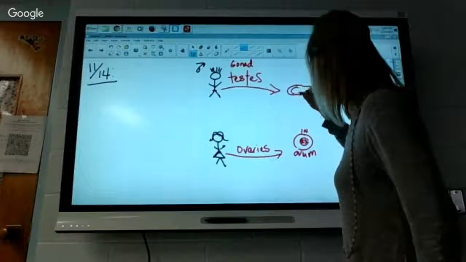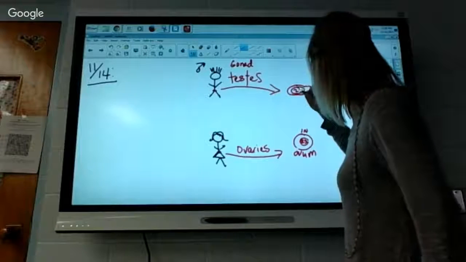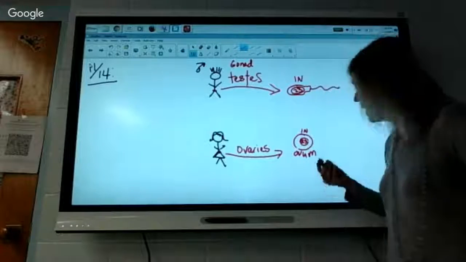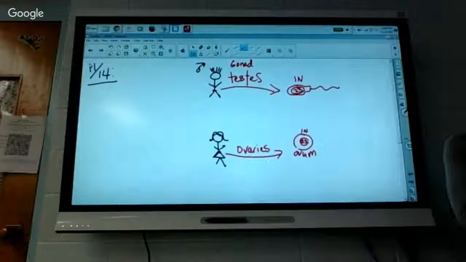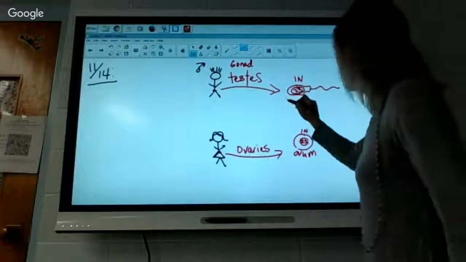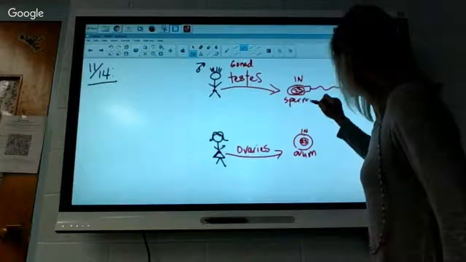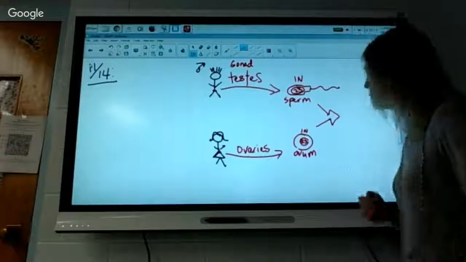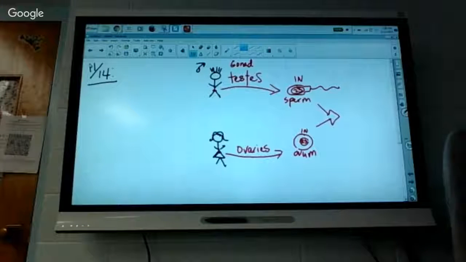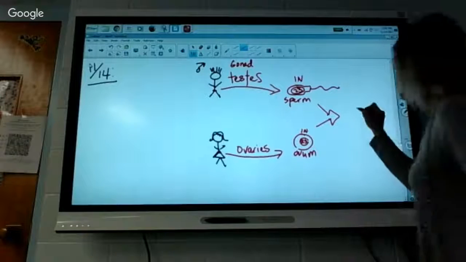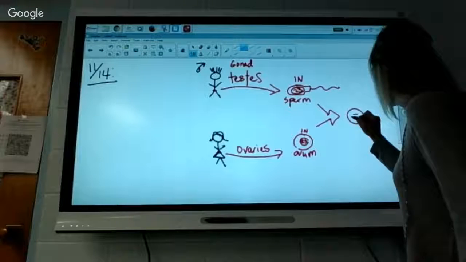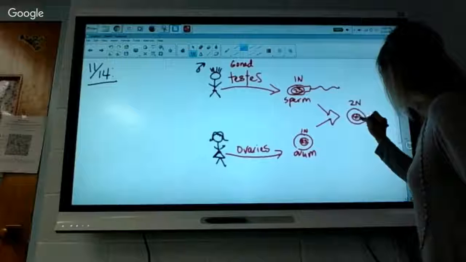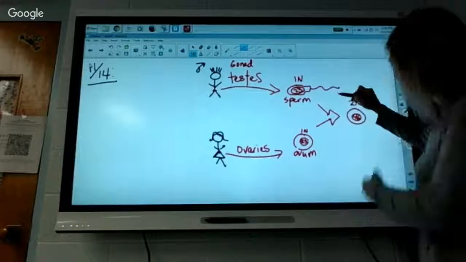And we know it's the smallest cell in a guy's body, and the egg is the largest in a girl's. So when those come together, we'll make a zygote. And so there's our 46 chromosomes. So that is fertilization.